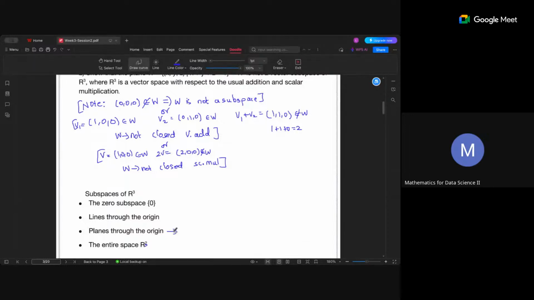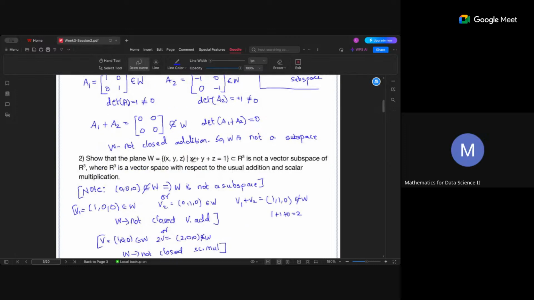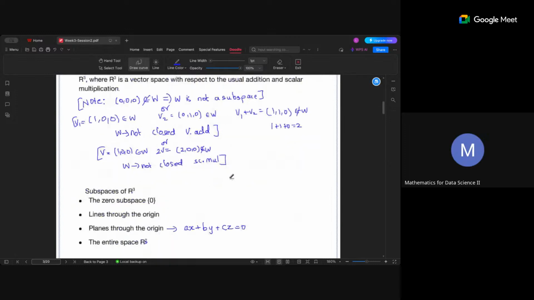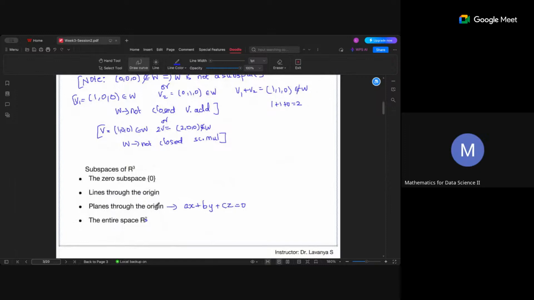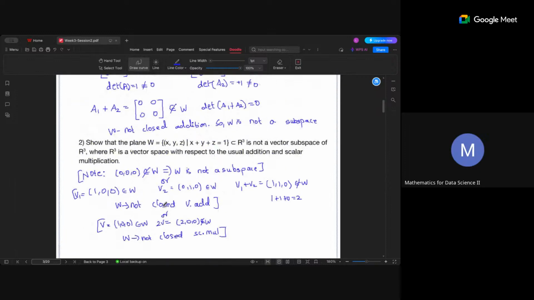So planes passing through origin, how do you identify? ax plus by plus cz is 0. So if x plus y plus z is equal to 0, then it is of this form, which means it is a plane passing through origin. So it will be a subspace, obviously.